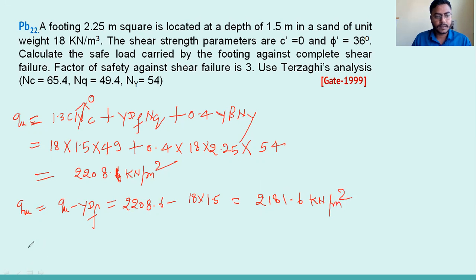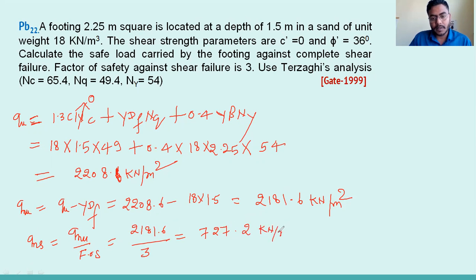Now we can calculate QNS. QNS is QNU divided by factor of safety, so 2181.6 divided by 3, and we get 727.2 kilonewton per meter square. Before writing this answer, calculate yourself to check whether your answer comes the same or not.